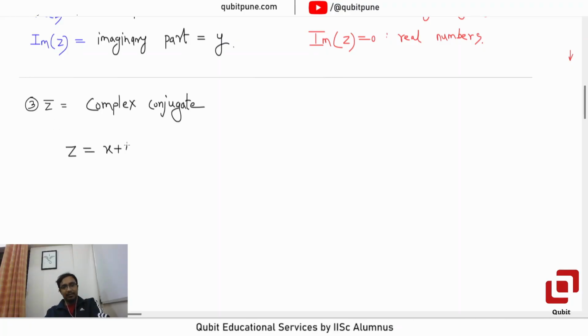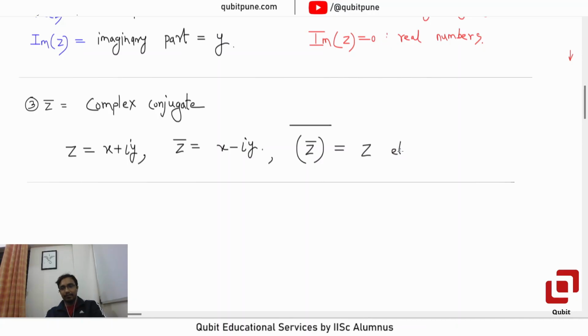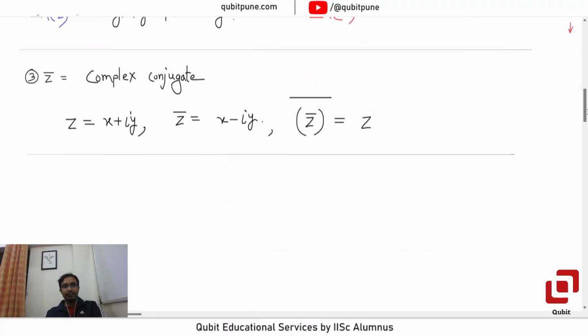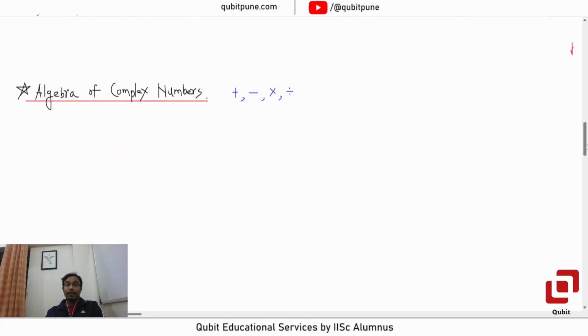If z is x plus iy, then z bar is x minus iy. So I have to change the sign of the imaginary part to get its complex conjugate. Some properties immediately follow, like z bar bar is z. We'll see those properties later. But is that clear? Complex conjugate definition.